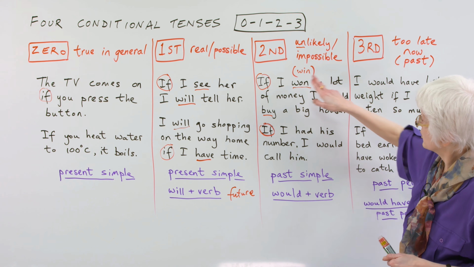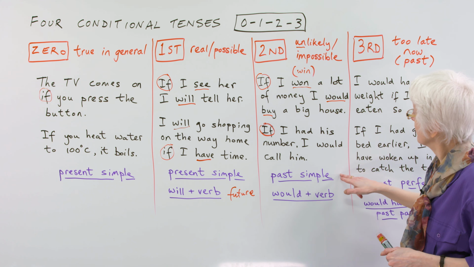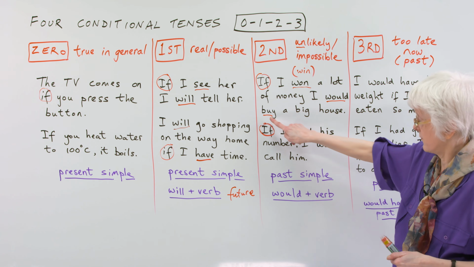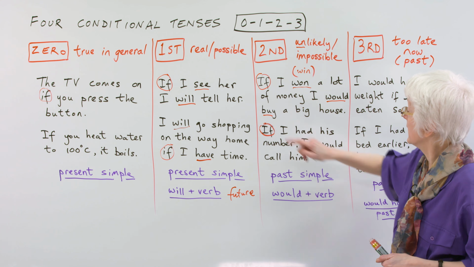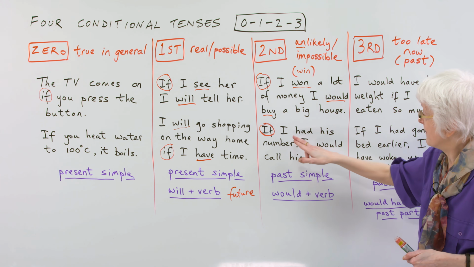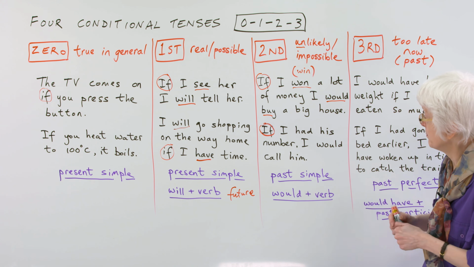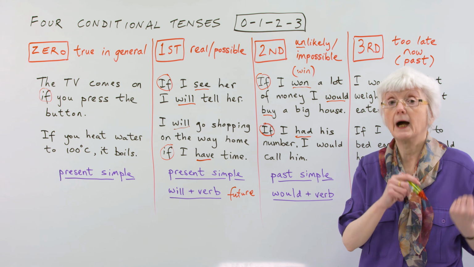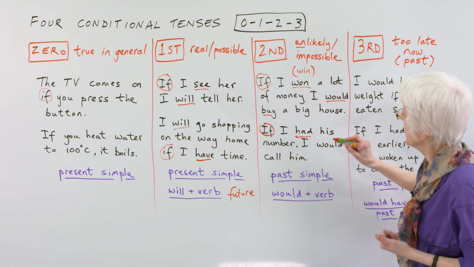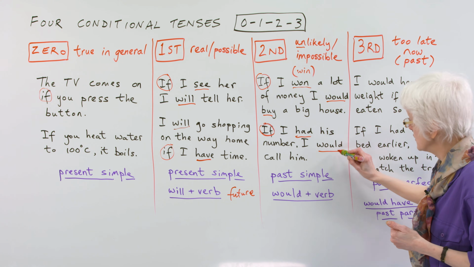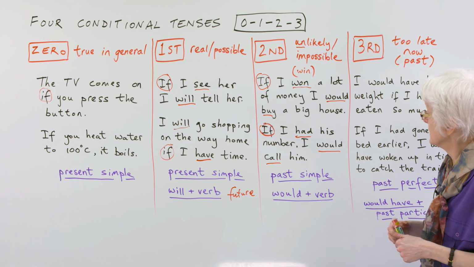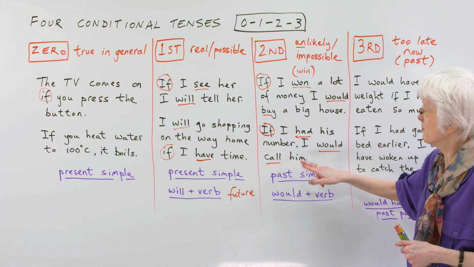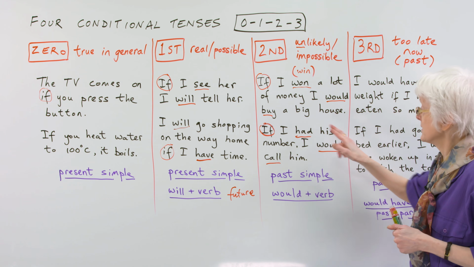So the if clause has the past simple, the main clause has would plus the base verb, to buy. Okay? And then if I had his number, past simple, I had, the verb to have, past tense, had. So if I had his number, I would call him. So would plus the base verb to call, I would call him if I had his number.